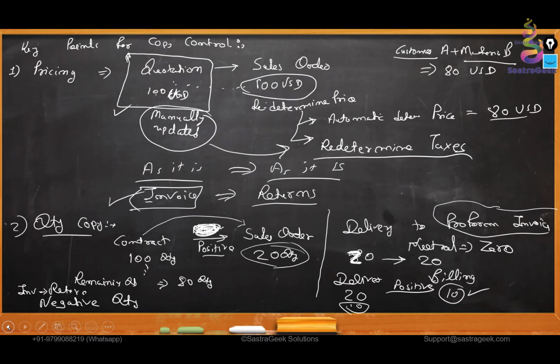When you copy the information from one document to another document, you may have to think: do you want it to be copied as it is, whatever is there, and not re-trigger that free goods concept, or your configurable material's BOM explosion or anything else?